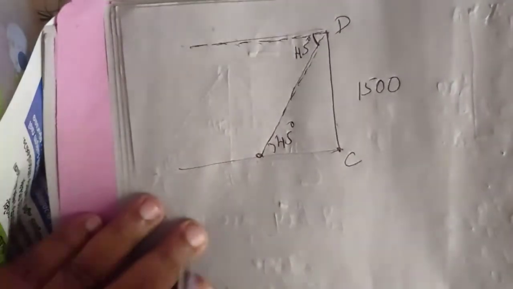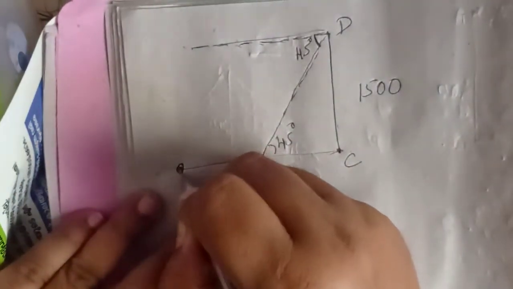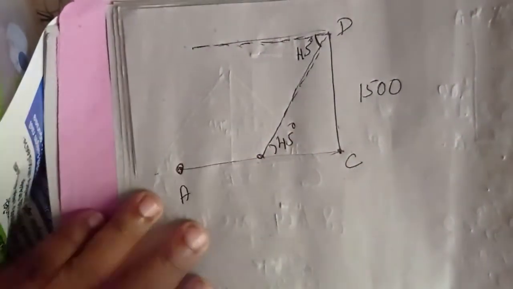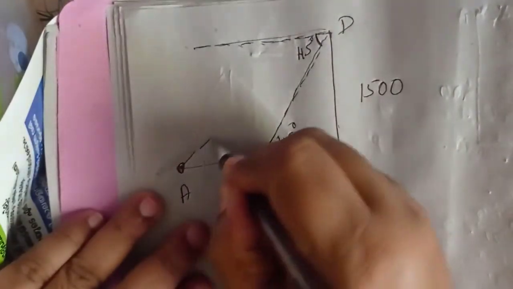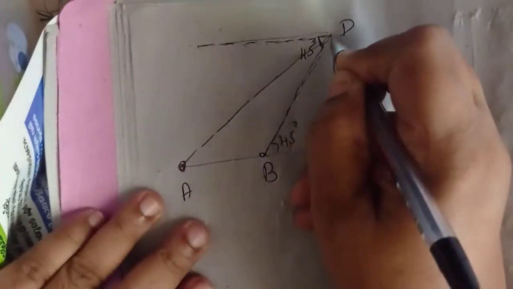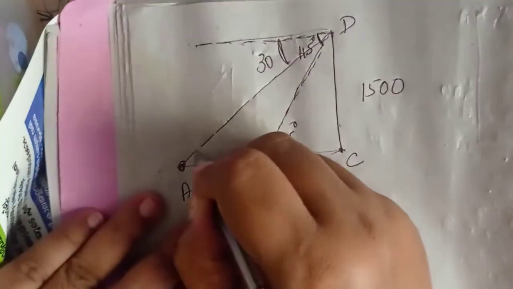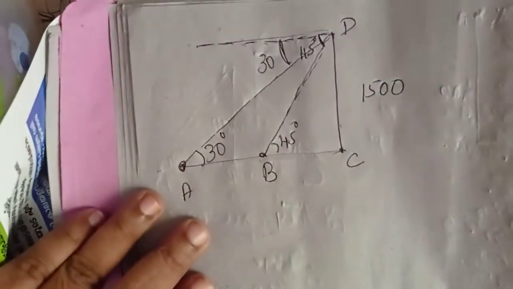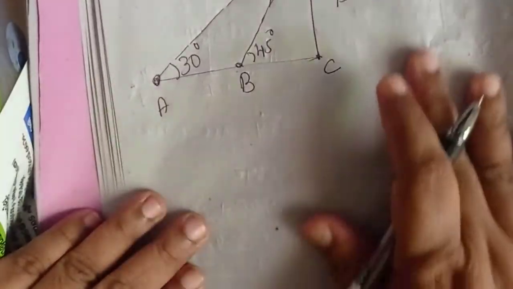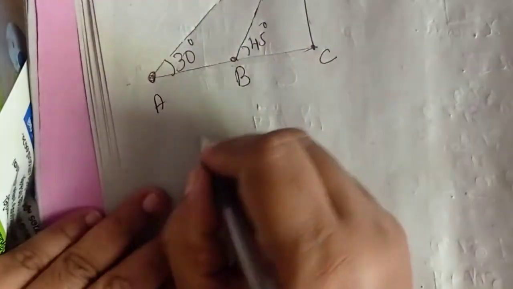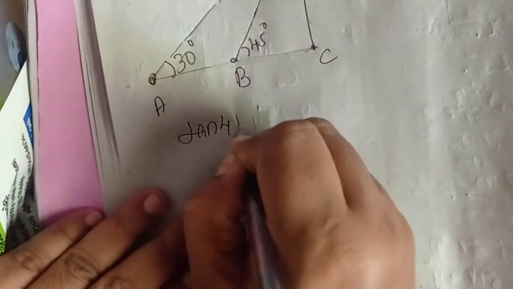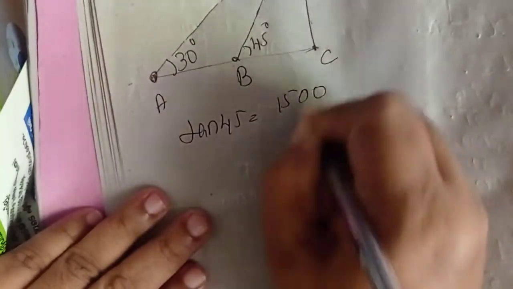What about the second one? Mark the second point A. Now draw the line. Then this angle of depression is here 30 degree. Therefore you can mark here 30 degree. These type problems you can do by yourself. Tan 45 is equal to 1500 by BC.